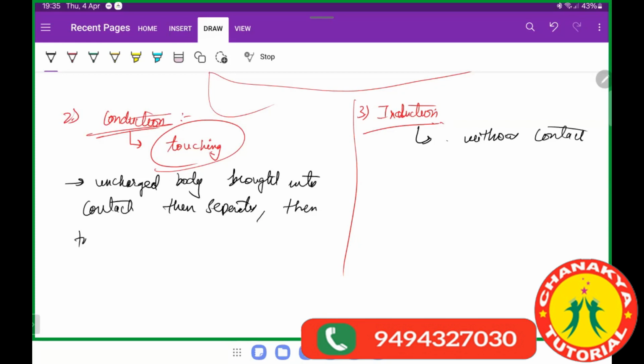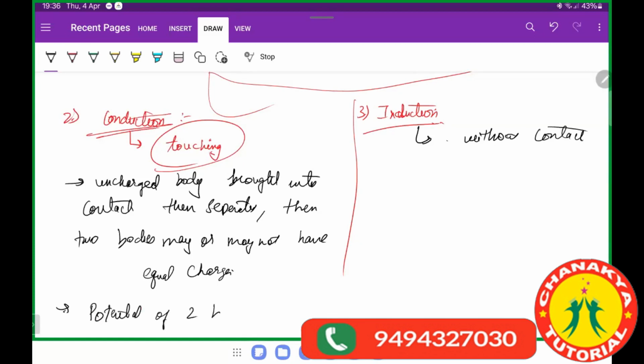Then, two bodies may or may not have equal charges. Next, one more point here: the potential of the two bodies will always remain the same.